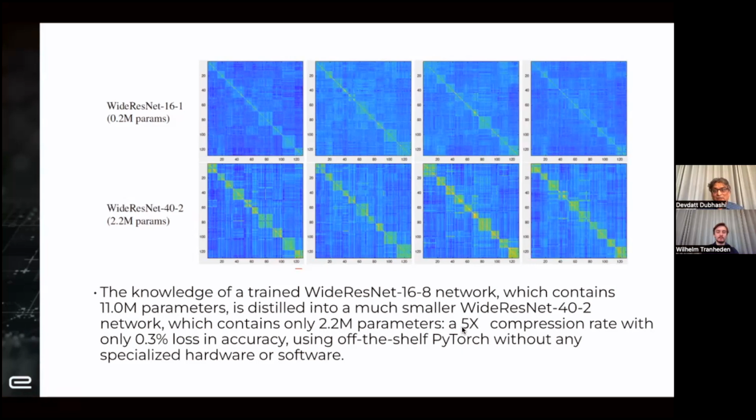So which is like a 5 times compression rate. And the accuracy loss is minimal. It's just about 0.3%. And this is just using off-the-shelf PyTorch without any specialized hardware or software. So just the benefit of doing distillation based on similarities.